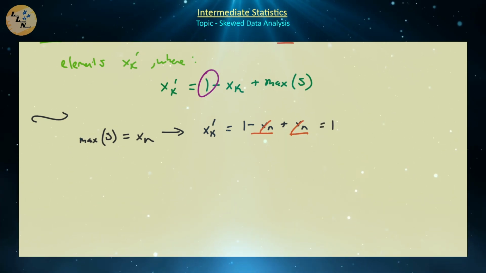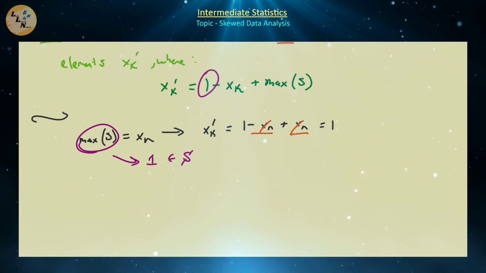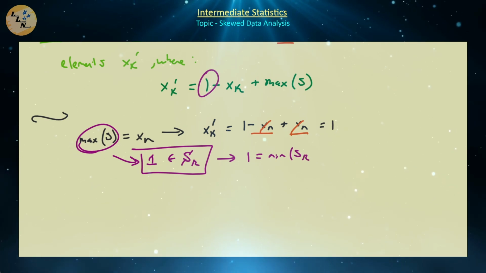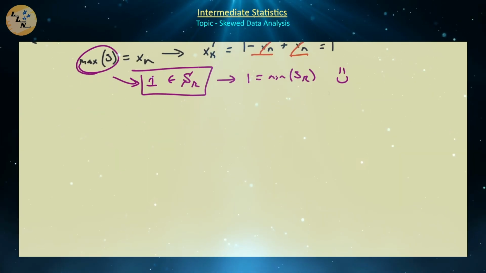So that means the maximum of our original data set is going to be mapped to 1 in our new reflected data set. And actually one can show that 1 is the minimum of S_R, right? So the maximum is going to become the minimum, which makes sense in the realm of reflection.